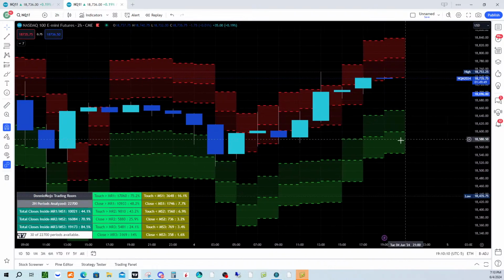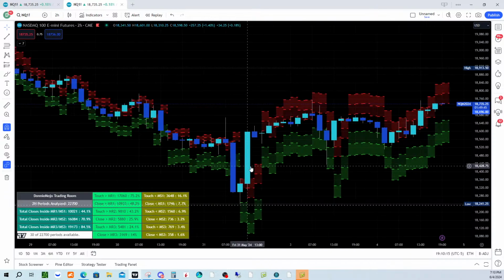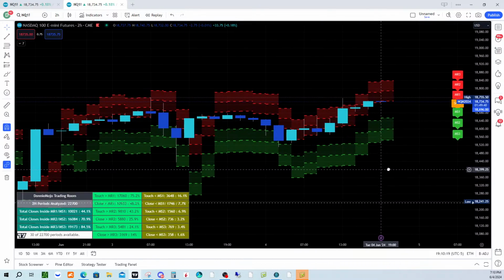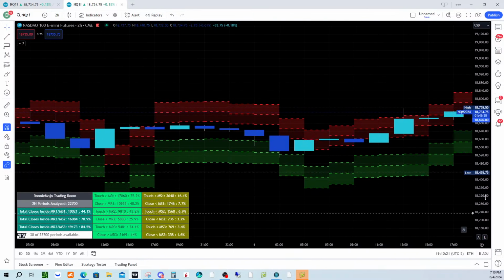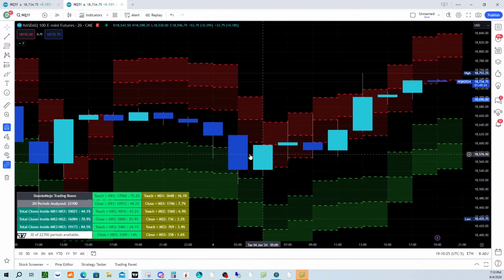And we can actually look at it a little easier. This is the 2-hour time frame chart, and it's the same thing going on here. So let's try to find a place where it actually blew through.